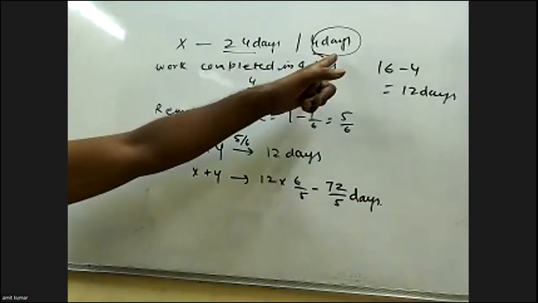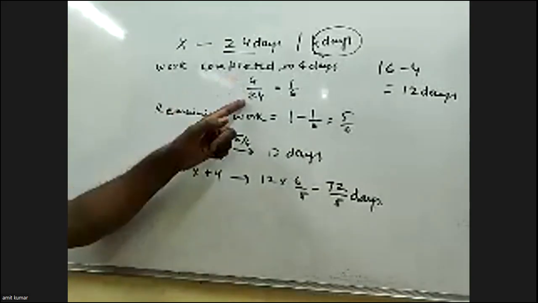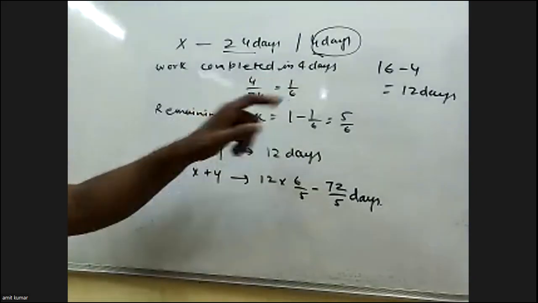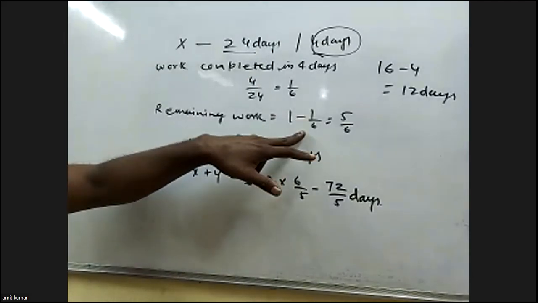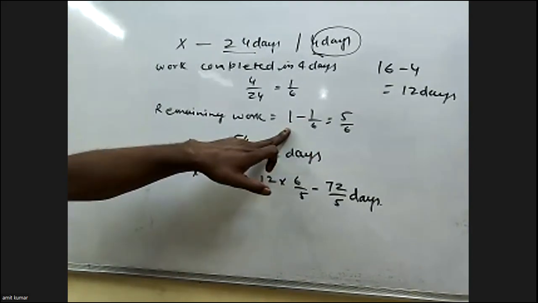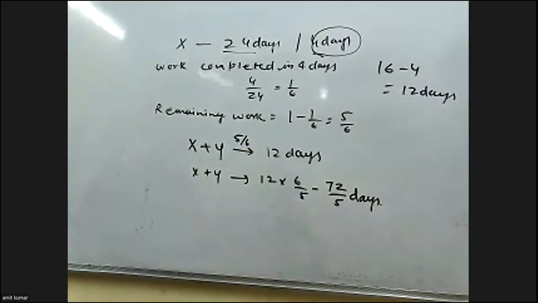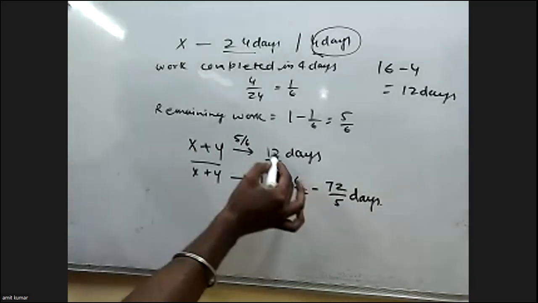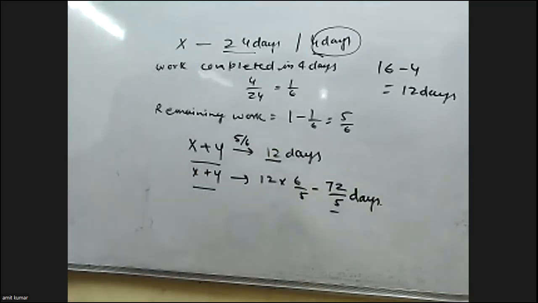So we find the fraction of work completed, 4 by 24, that is 1 by 6. The remaining work is 1 minus 1 by 6, that is 5 by 6, completed by X plus Y in 12 days. So X plus Y can do the whole work in 72 by 5 days.